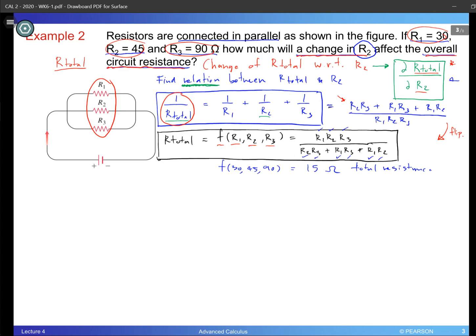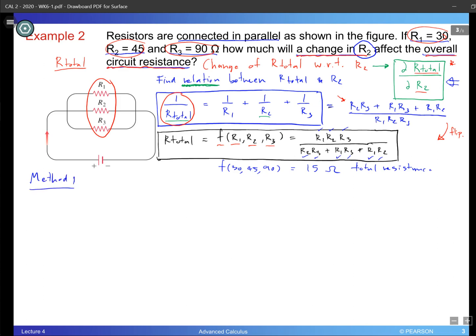Let's move further to find this first order partial derivative. It turns out that we can do this in 2 separate ways. So let's start with method number 1.